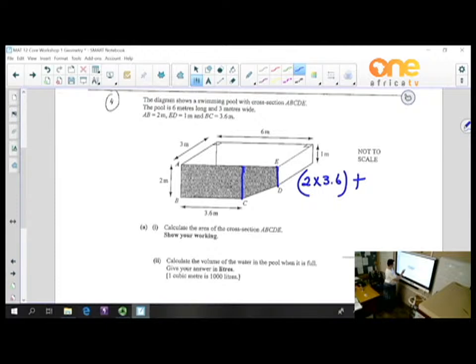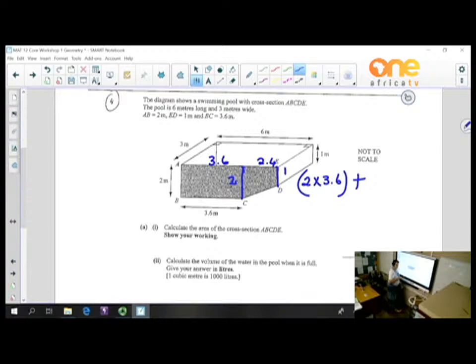Now, if this one is 3.6 and that one is 6, it means this part here is also 3.6. So we can subtract the two from each other, and then we can see that the height there is 2.4. So this is also 2 meters there, and this one is 1 meter. There we can see it's 1, and this one is 2.